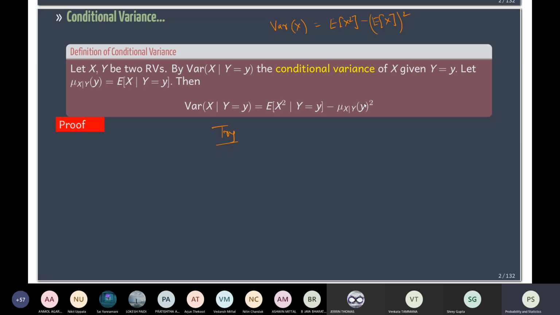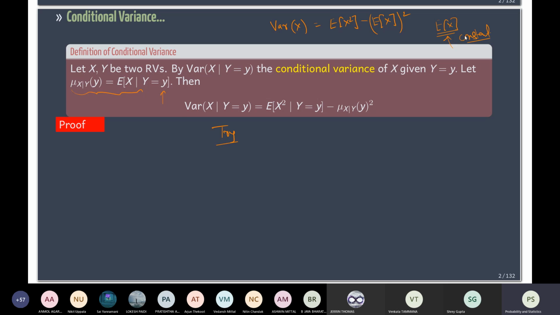So remember that conditional expectation can be treated as a function of y if the condition is on y, because for every input that you put here, you get some output. If you talk about only expectation of x, then it is just a number, a constant.